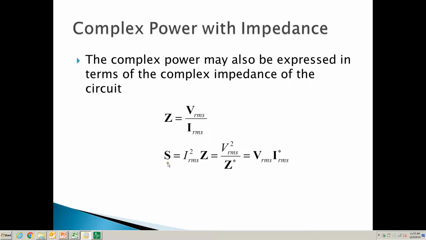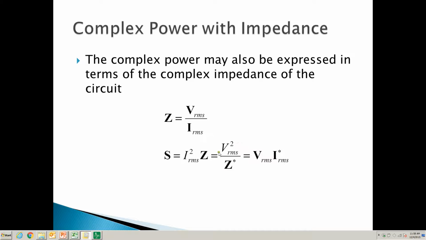So the complex power is also the root mean squared value of the current squared multiplied by the impedance. When we square the root mean squared current, we assume that the phase angle is 0 after we square it, so we don't worry about the phase angle there.